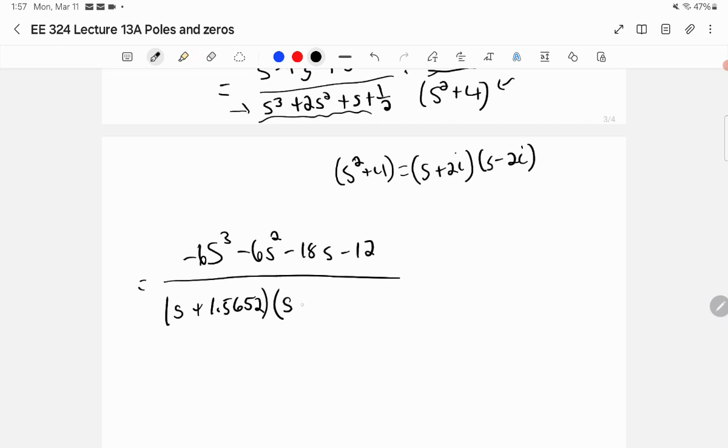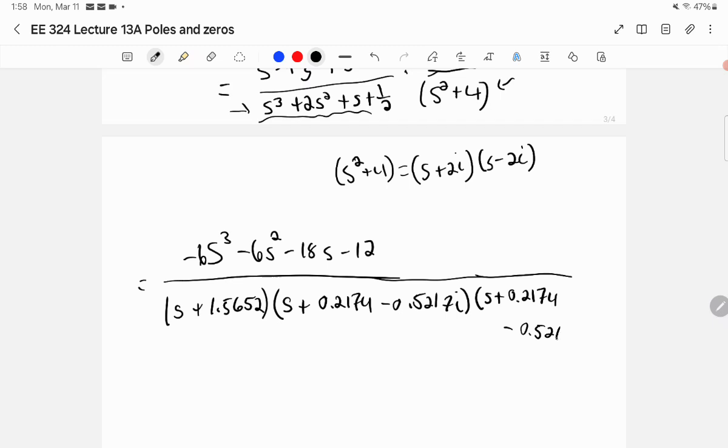Then we're going to get s plus 0.2174 minus 0.5217i, and we're going to get s plus 0.2174 minus 0.5217i, and then it's also going to be times this s plus 2i times s minus 2i.